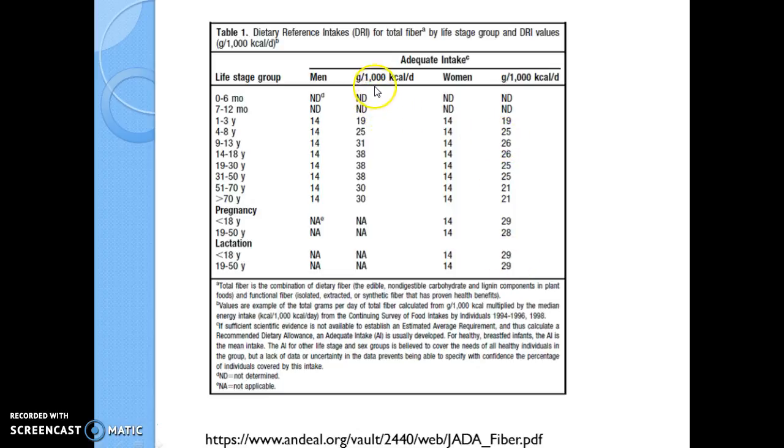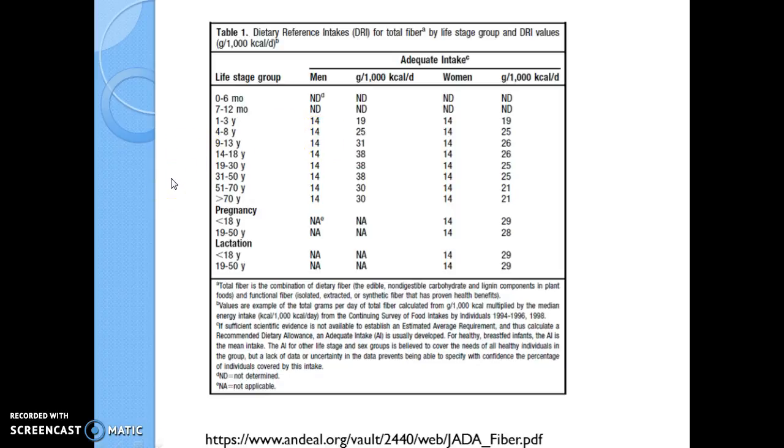Now keep in mind that there are very few of us adults who are going to be on 1,000 calories a day of diet. So you need to do the math and increase the amount of fiber that we need in our older ages. Also pregnancy and lactation, look how high those go up for females. And it's per 1,000. So if you're taking in 1,500 calories, you're going to need to multiply that by 1.5 for the number of grams of fiber.